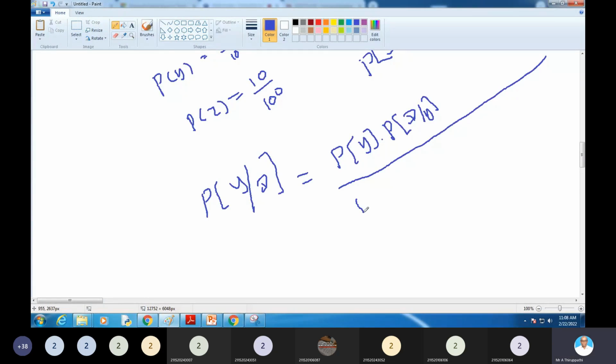Similarly, P of X into P of D by X, plus P of Y into P of D by Y, plus P of Z into P of D by Z. This is the Bayes theorem.